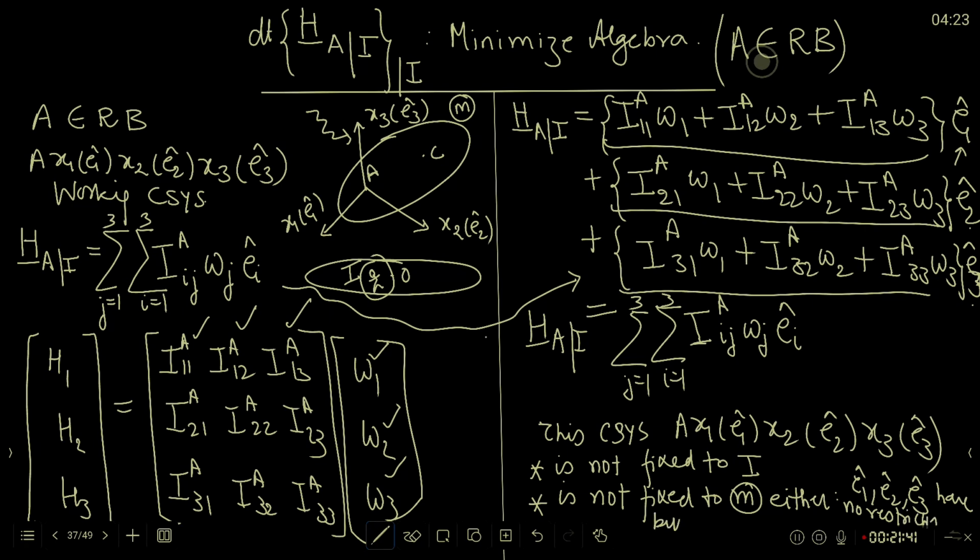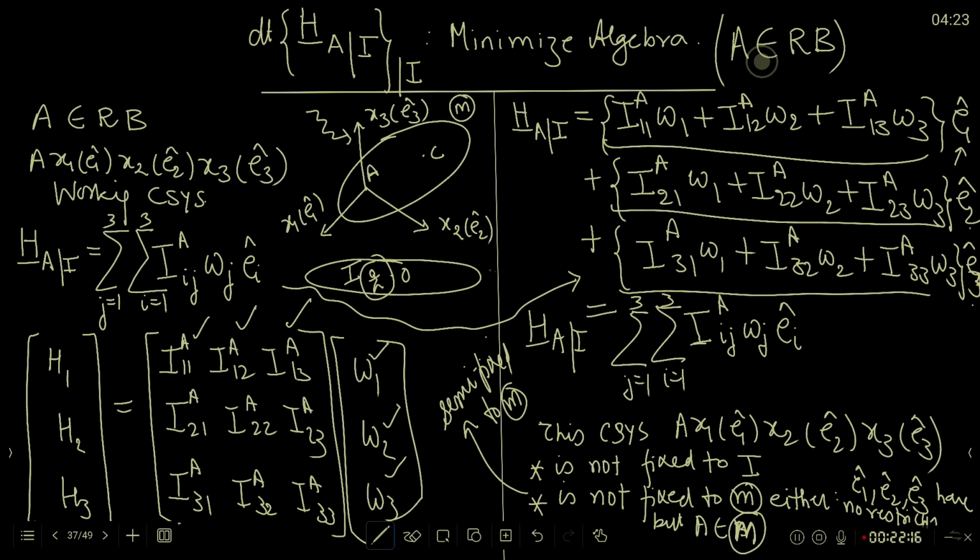But A is fixed to body. So it's somewhat like a semi-fixed. Maybe I should use this word. This coordinate system is semi-fixed to M. Origin is fixed, but I have not put any restriction on E1, E2, E3. Alright. That is the current situation as far as the coordinate system is concerned.